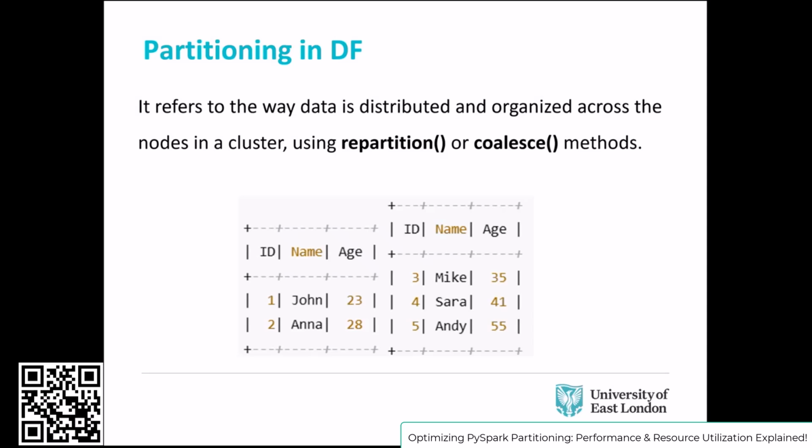Do you remember what is the base data size for partitioning? 128, perfect. 128 megabytes is the best size of data for partitioning, because CPU and memory are able to handle 128 megabytes of data quickly and without any failure.